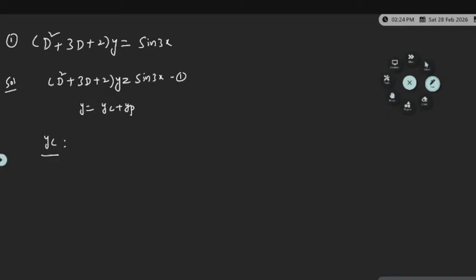That is very easy. M square plus 3m plus 2, m plus 1 into m plus 2 equal to 0. M equal to minus 1, m equal to minus 2.